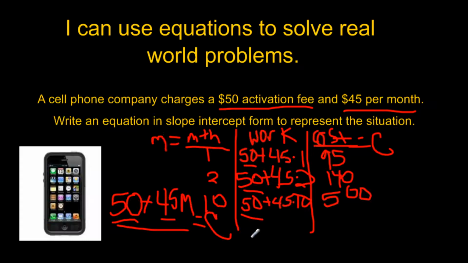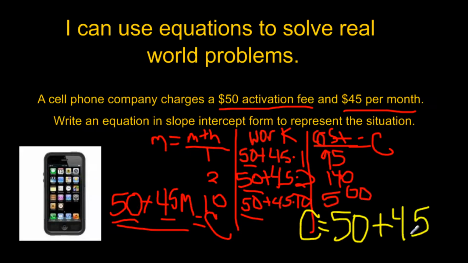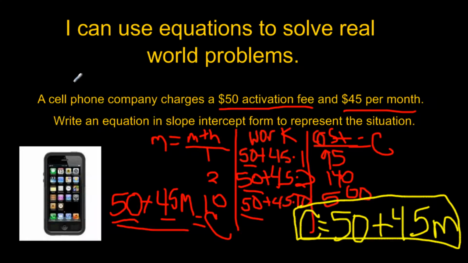So my equation in slope-intercept form then would be, I'm going to write it big and bold, C equals 50, my y-intercept, plus 45M. Now I chose to use M and C. You could use X and Y here too, and that would be fine. But there's my equation of my real-world situation in slope-intercept form.